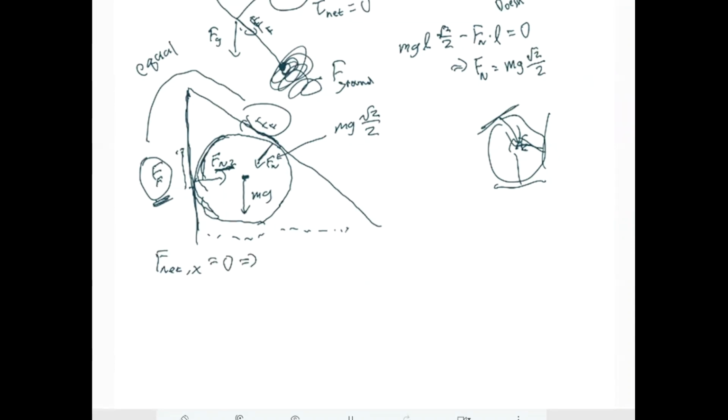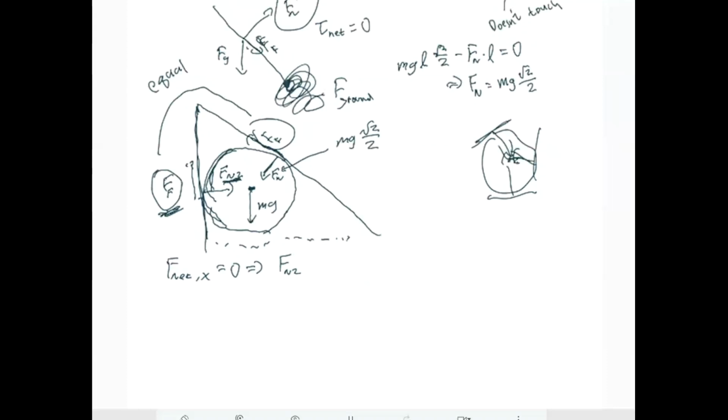So which of our forces are in the X direction? This first friction force here, that's completely vertical. This normal force here, that's completely horizontal. So yes, there's Fn2 here. Gravity, completely vertical. And the normal force and the second friction force also both have their horizontal components.